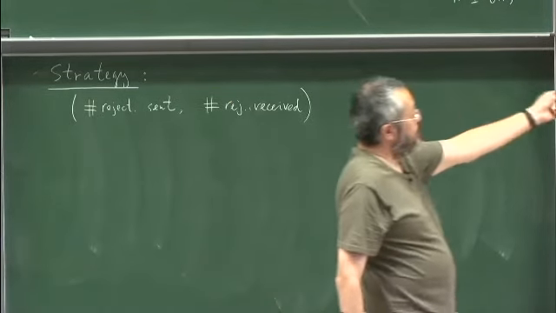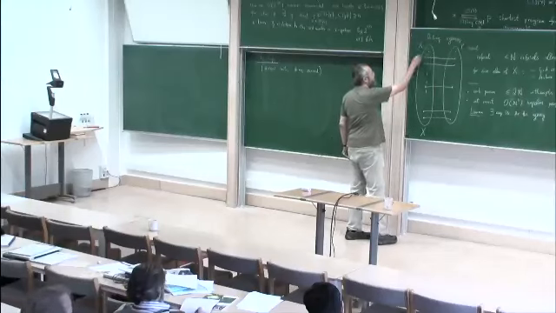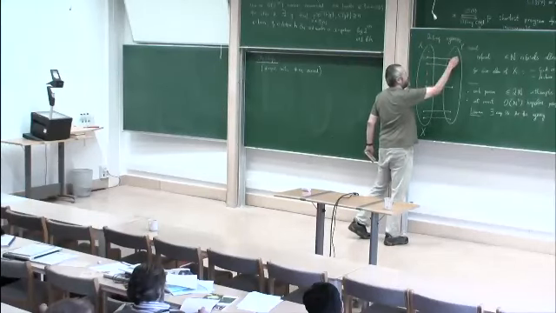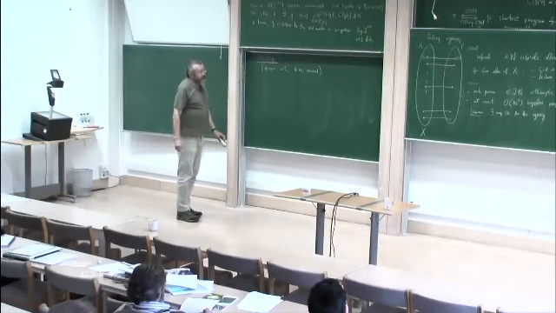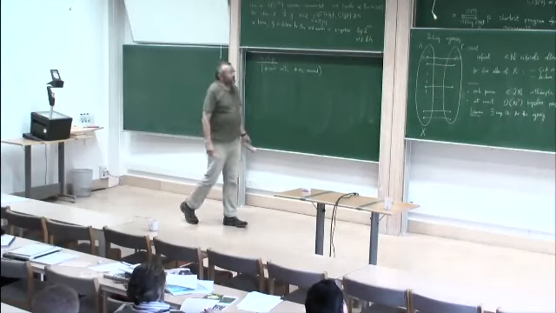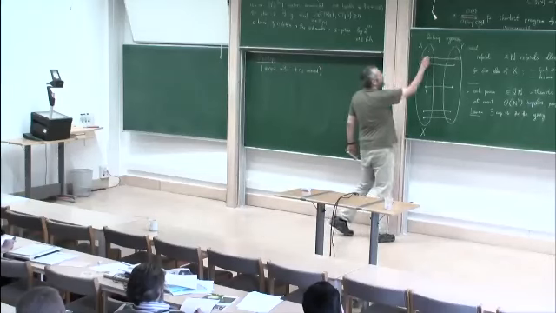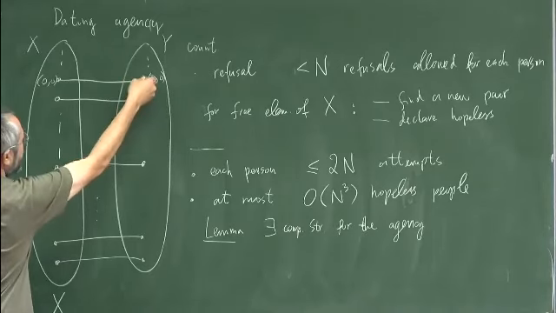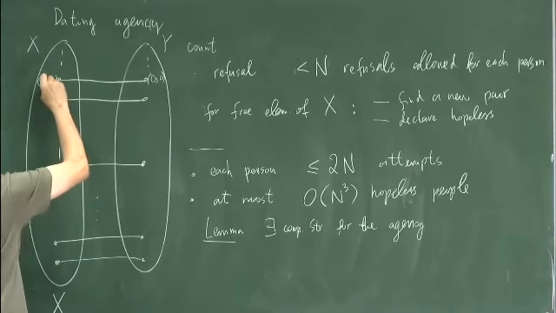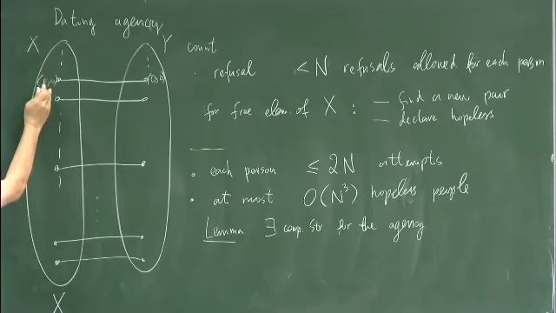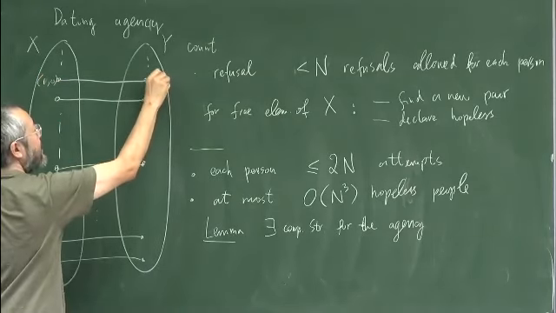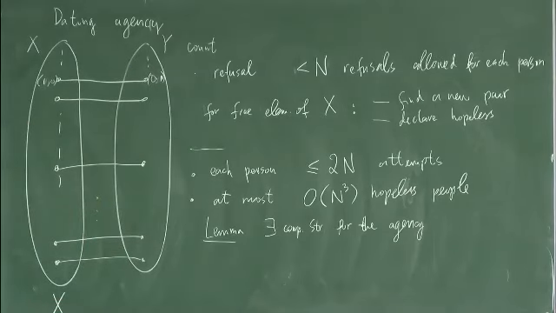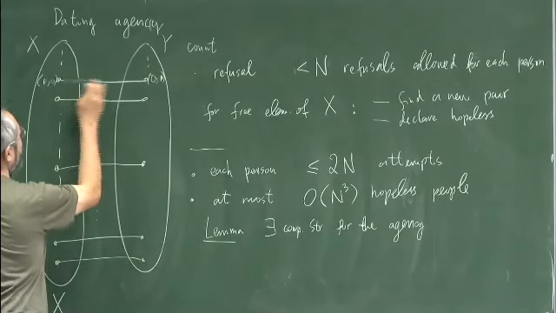Originally all of them have zero. And then imagine that, for example, this person starts to reject this one. So we get a matching pair. There is one rejection sent here and one rejection received here. And they both become free.